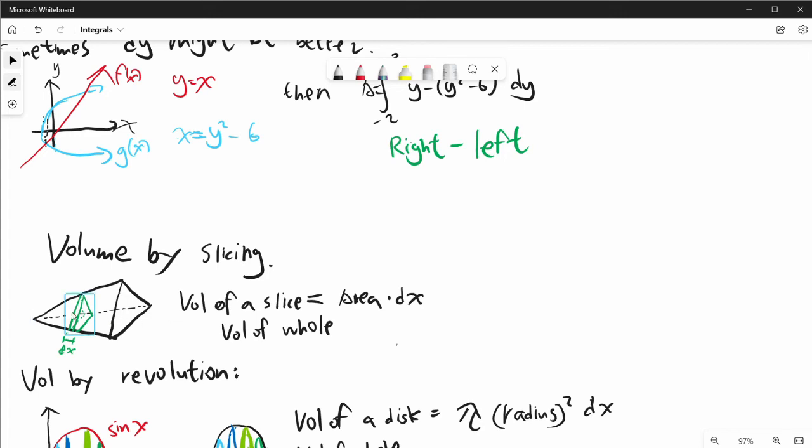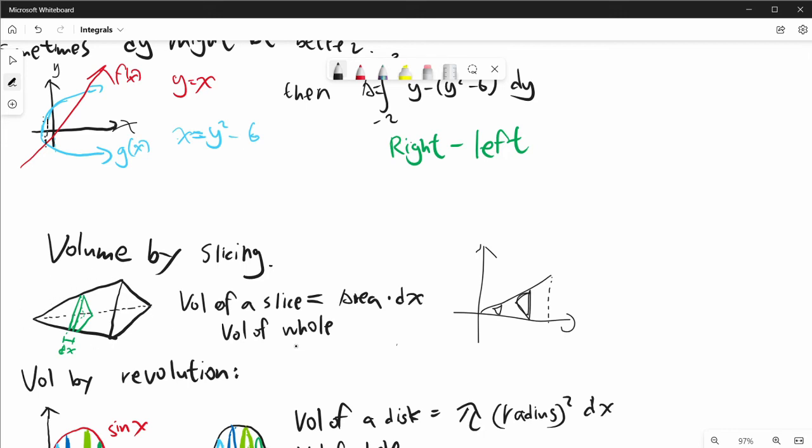So in this case, I have a triangle. Let's say the original graph is something like this, and for every single point, there's a triangle going up, and then you get something shaped like that.